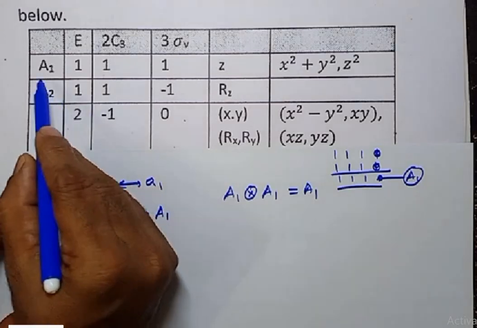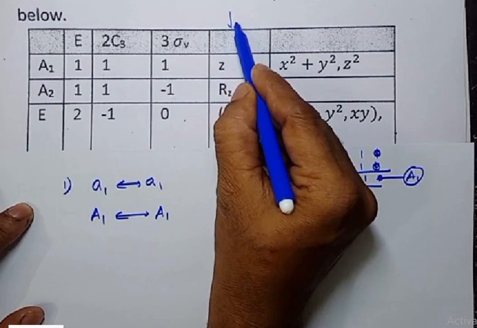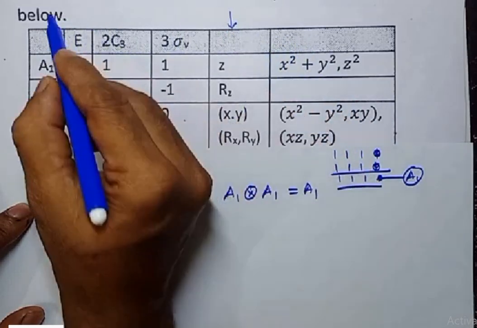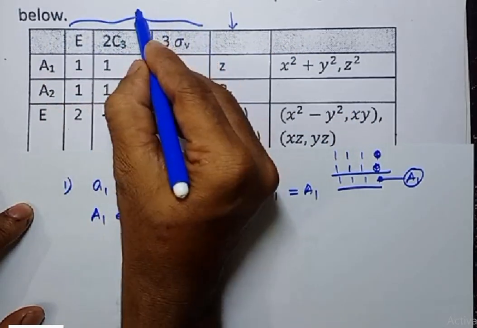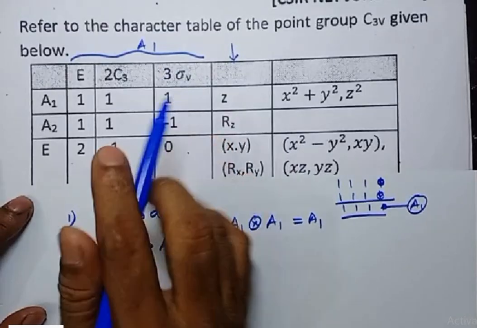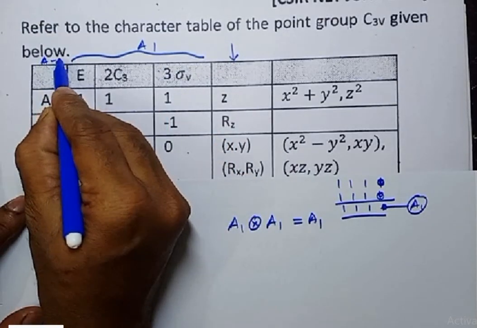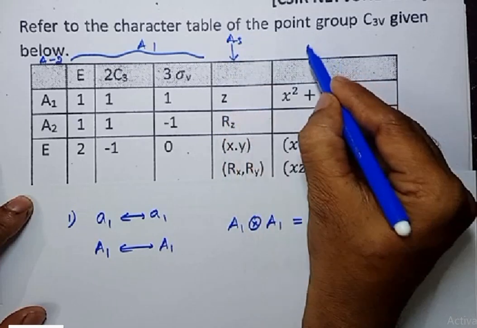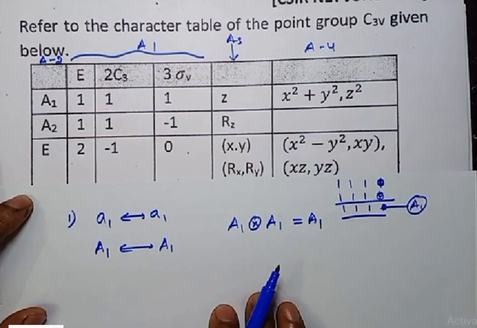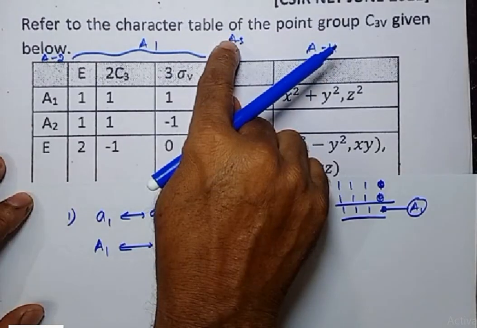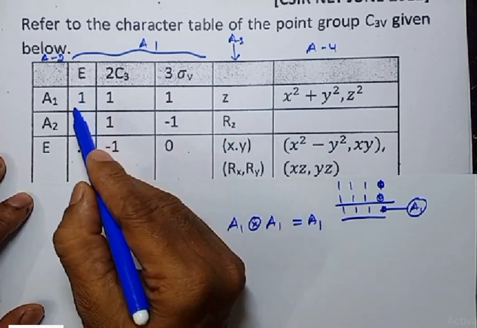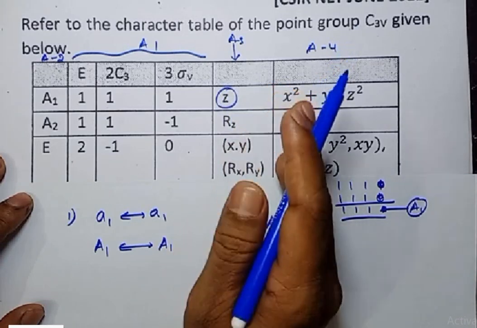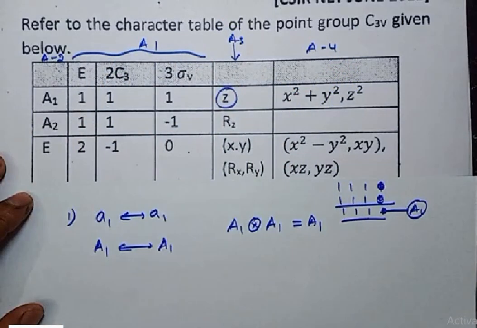Now along A1, see the third column. This is area 1 of the character table, this is area 2, this is area 3, and this is area 4. A character table has 4 areas. Along area 3, and along A1, you just check whether x or y or z is present or not.